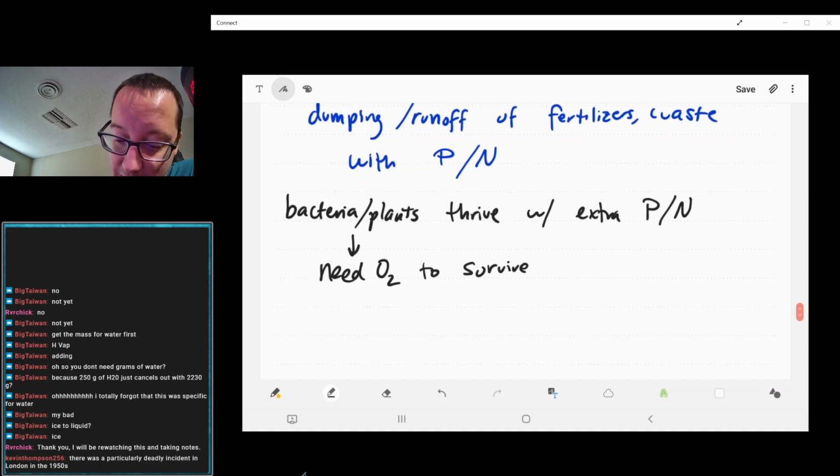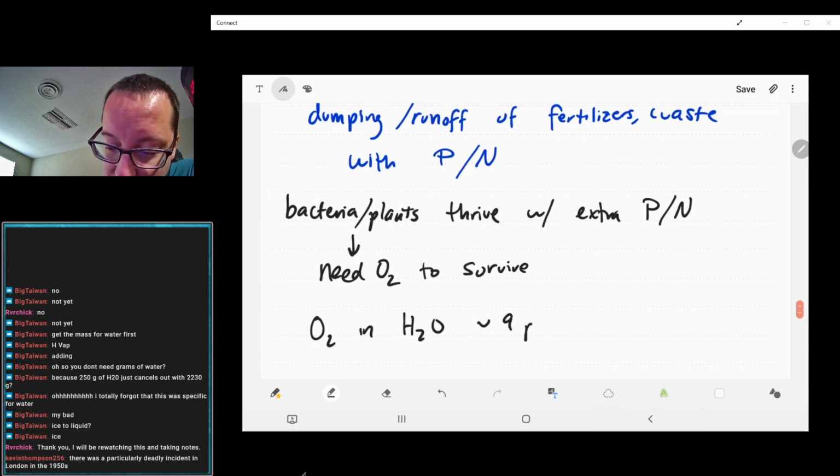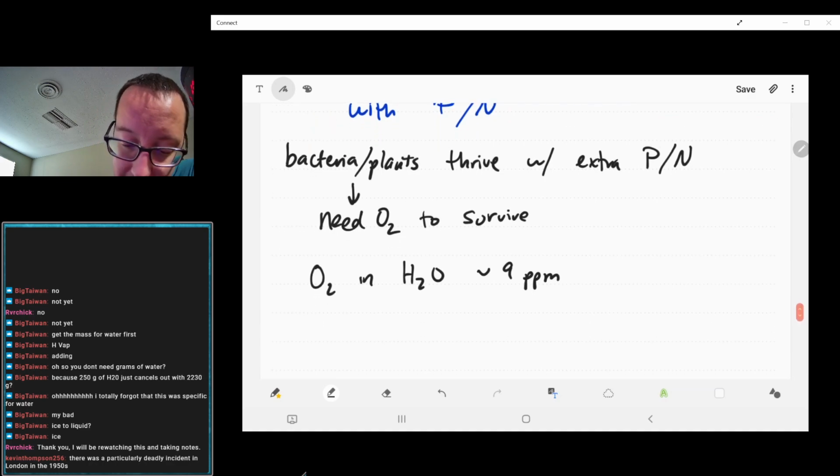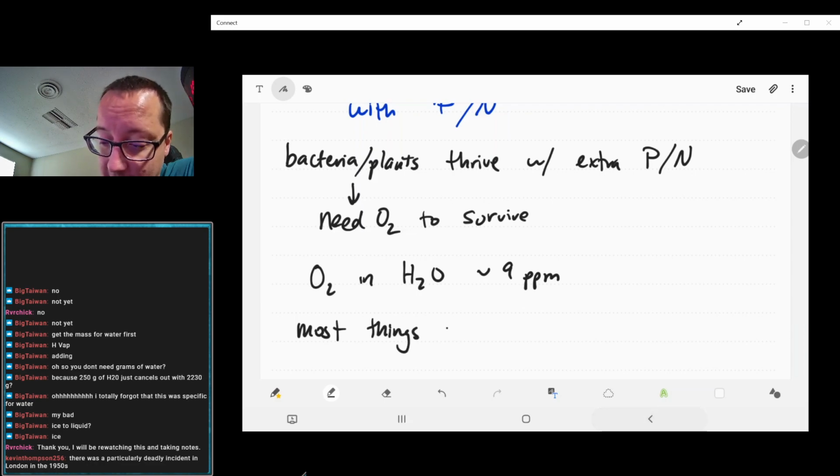And so, just for your information, oxygen in fresh water is about 9 parts per million of dissolved oxygen gas. Most things, bacteria, fish, or plants, need a minimum of 5 parts per million of dissolved oxygen in order to breathe, right?